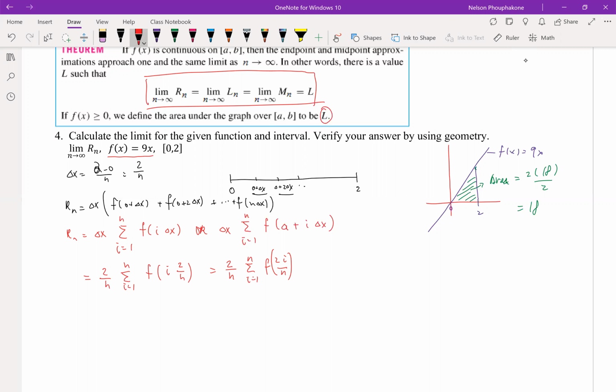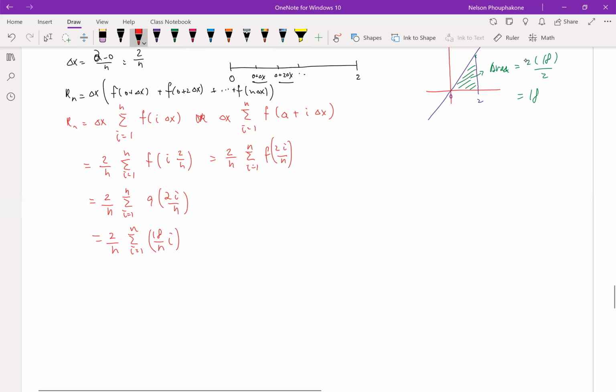Then now, what is f? f is 9x, right? So I will have 9 times 2i over n. Then remember, in the summation, 18 over n is a constant, so we could take this out.